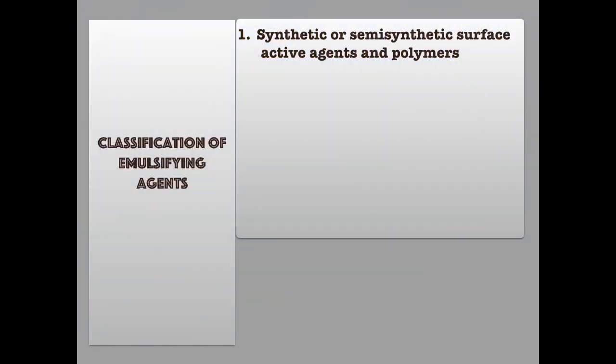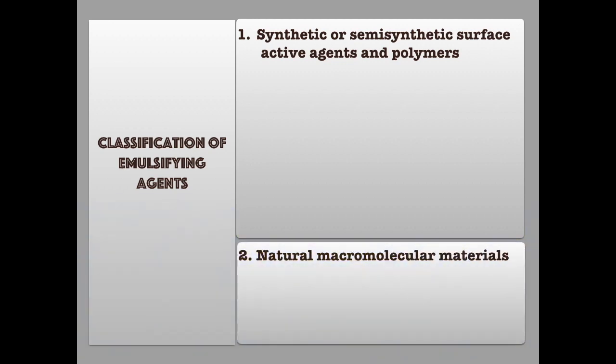Next is classification of emulsifying agents. We can classify emulsifying agents broadly into two classes. One is synthetic or semi-synthetic surface active agents and polymers, and the other is natural macromolecular materials.